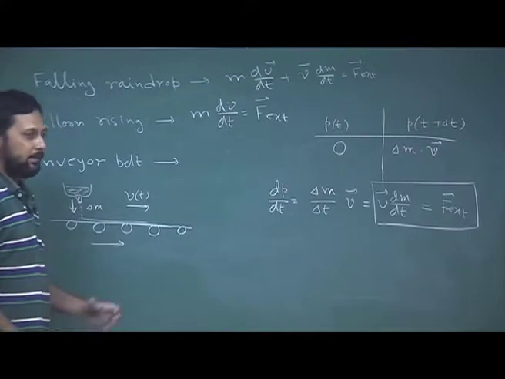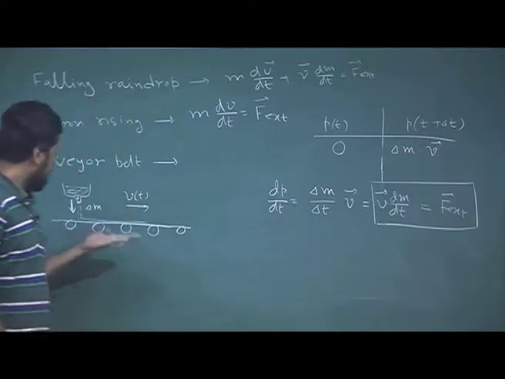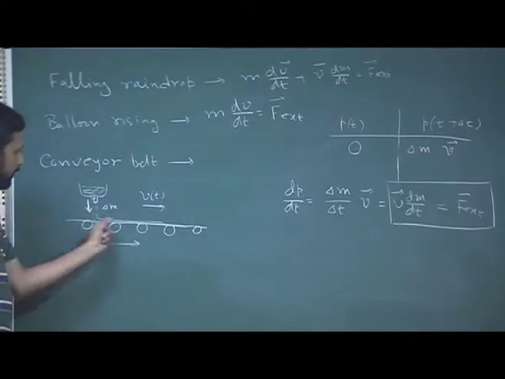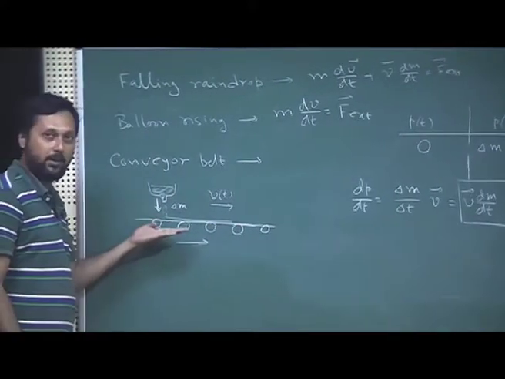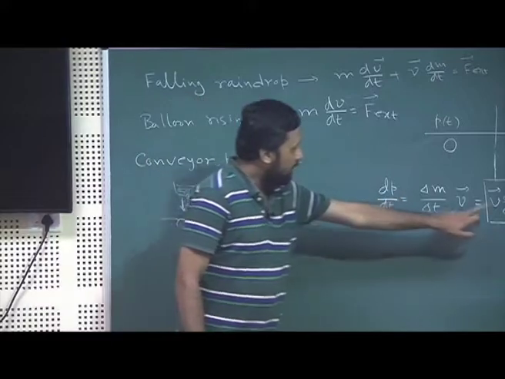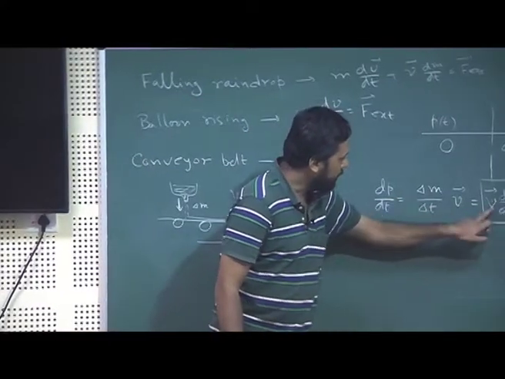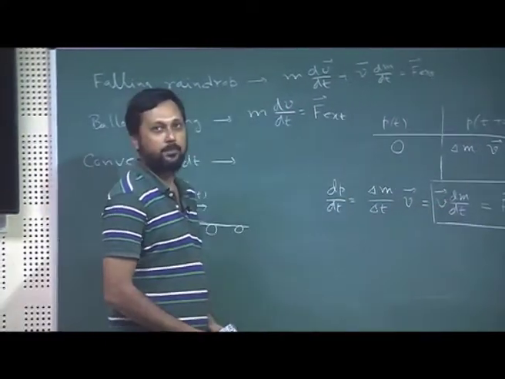So, we see that the equation of sand falling on a conveyor belt and moving along the conveyor belt after falling is F external equal to v times dm/dt.